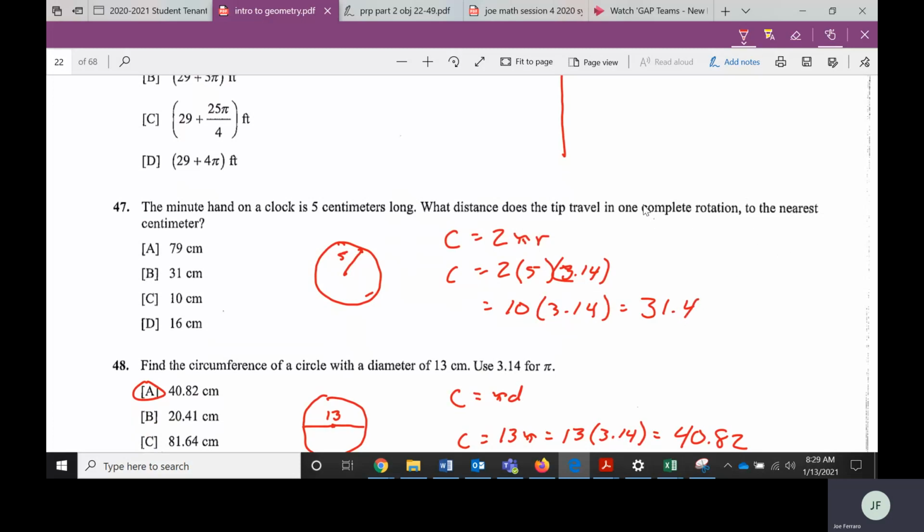Now you notice that that's not in the answers. Well, always make sure you read the whole question. It says to the nearest centimeter, which means the nearest whole number centimeter. So if we look at the number past it, if that's 0 to 4, this stays a 1, which it does. Okay, so I did another problem for you there.